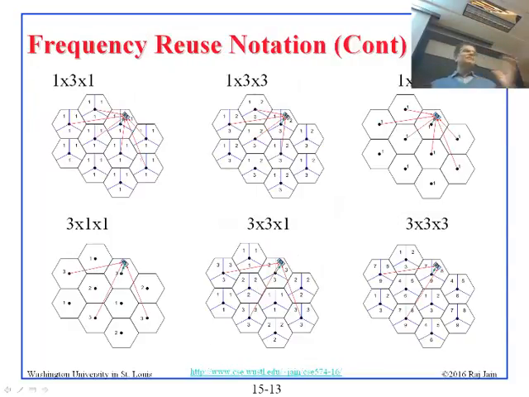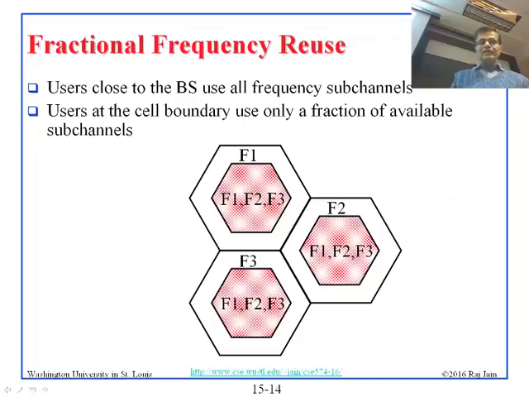Now, it doesn't stop right there, because with the current antenna design, we can do something at the edges different from the center. So you could use 3 frequencies inside the center in a cell and then use F1 at the edge, 3 inside the cell and F2 at the edge, and 3 inside the cell and F3 at the edge.